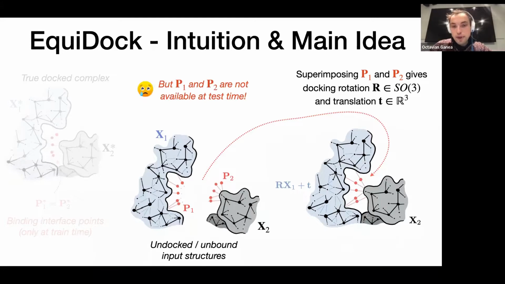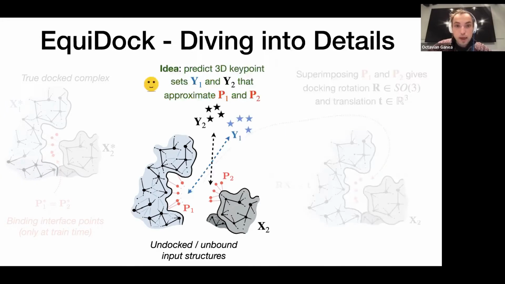But obviously, we don't have P1 and P2 at test time, at inference time. We only have them because of the training data. So what can we do? The idea here is that we want to predict some proxy set of 3D points, which we are going to call key point sets, denoted by Y1 and Y2.